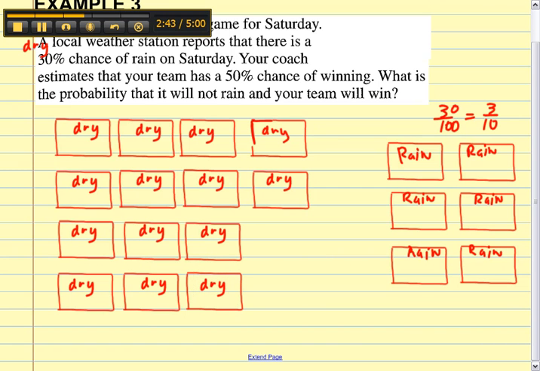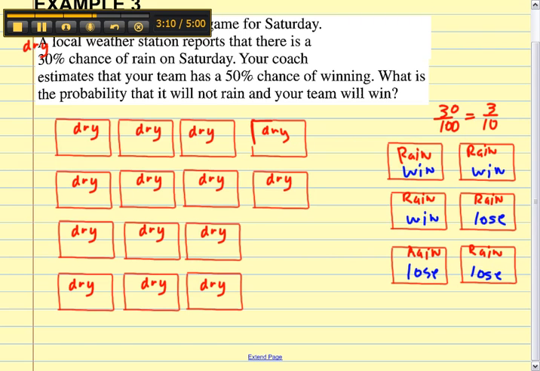We've got 30% of these squares are rain and 70% are dry. Now, out of the rain and the dry, we have a 50% chance of winning. Okay? So, that means half of them. Win, win, win, and then this is lose, lose, lose. Okay? Now, let's see.